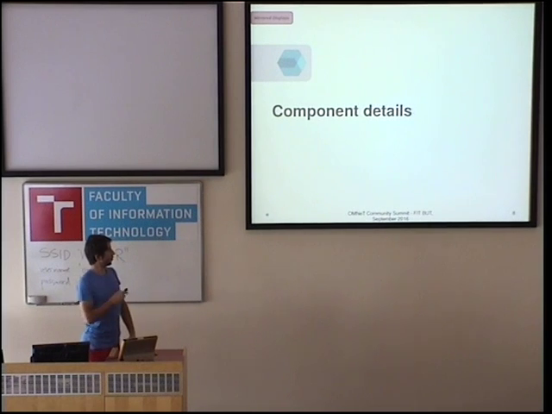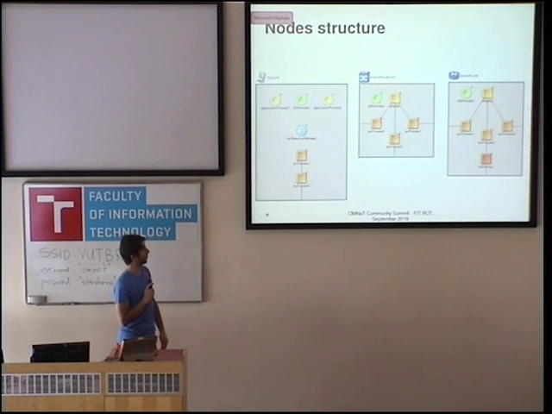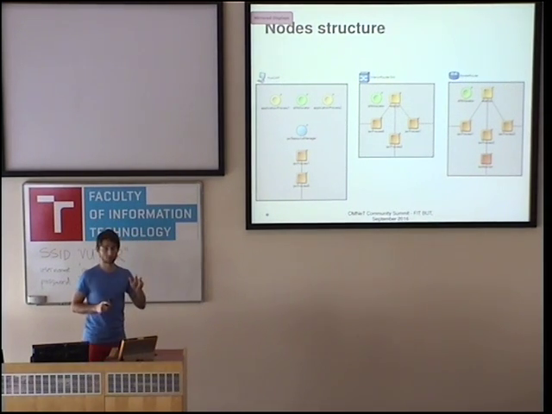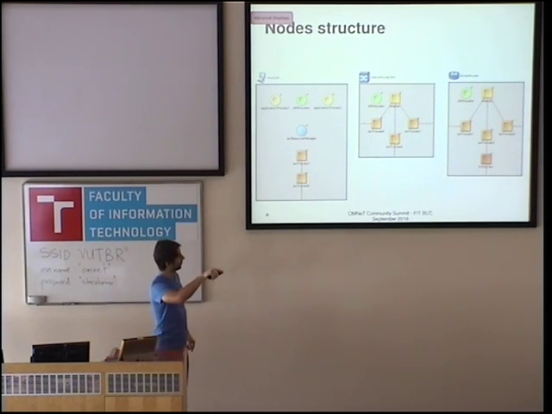Okay, let's go a little bit into the detail. This is how our three types of hosts look. You either have the end node, the host, then you have an interior router, and then you have the border router.